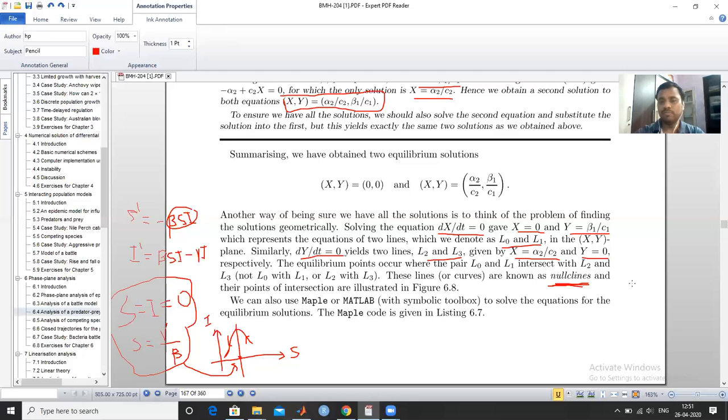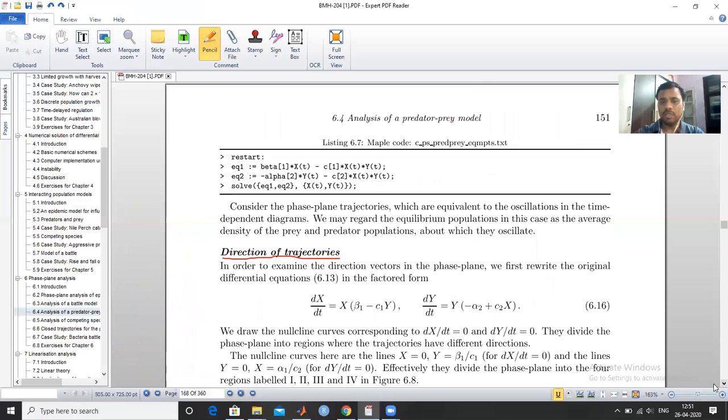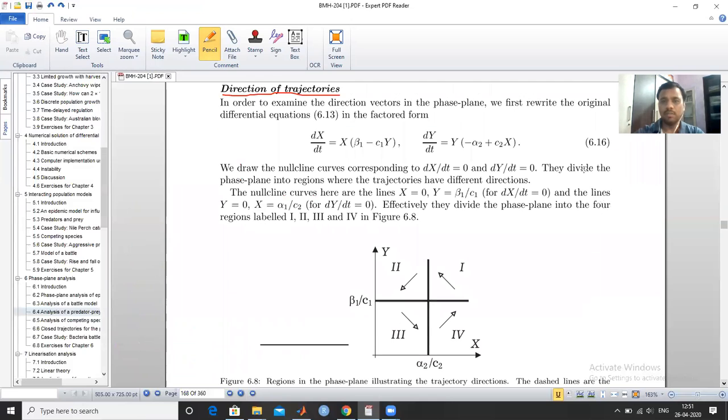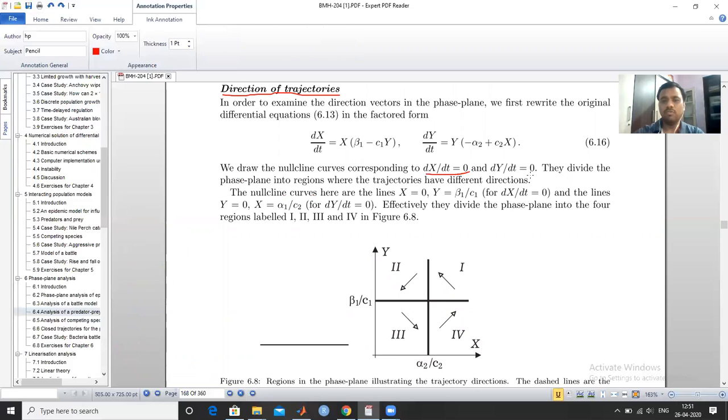So here we can also find the null lines, and you can draw these lines. These lines are plotted here. If you put the derivative equal to 0, then you will get the resulting null lines: x is equal to 0 and y is equal to this.